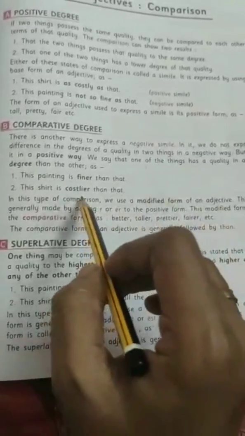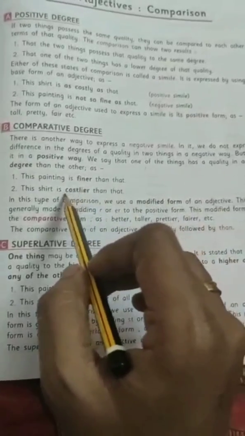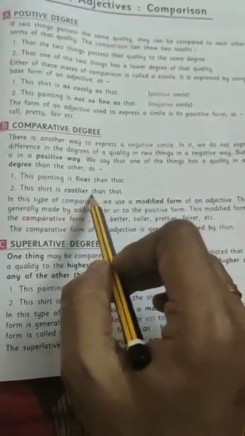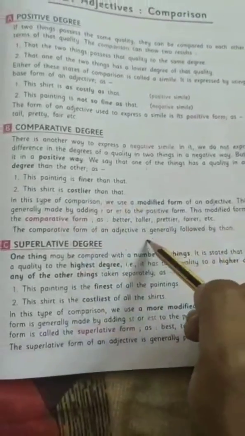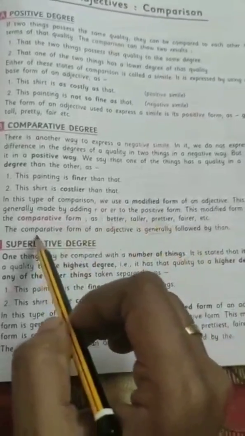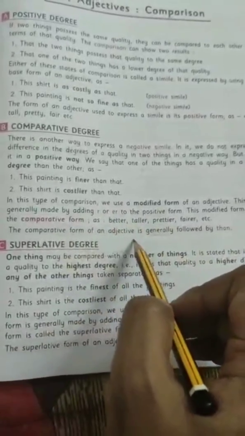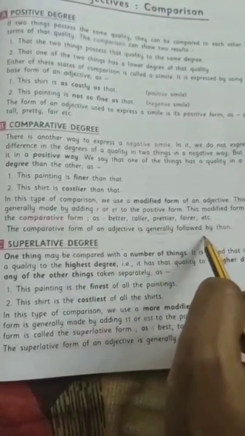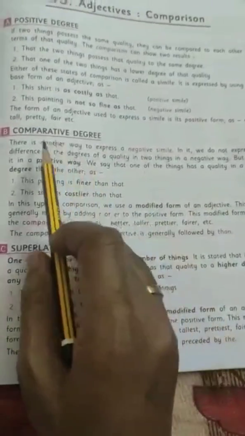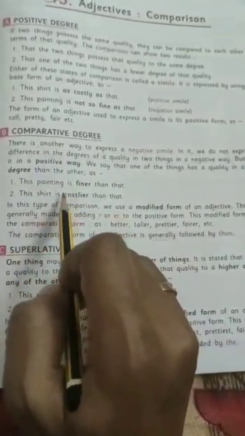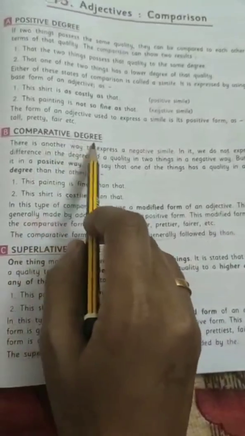Okay, so after the adjective, whichever word is there, after that we are using than. So here they are saying the same thing. The comparative form of an adjective is generally followed by than, meaning after the adjective we are using than. Then only can we say that in that sentence we are using comparative degree.